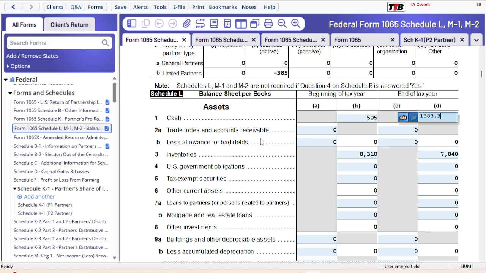So if you provide services that clients have not paid you yet, you will put those on 2A. And if there is a bad debt, that means you know you're not going to be able to collect those payments, it will go on 2B. Inventory, well, we have our inventory beginning of the year and ending of the year, and this will become the beginning of the year 2026 balance sheet, and that's the way it works.